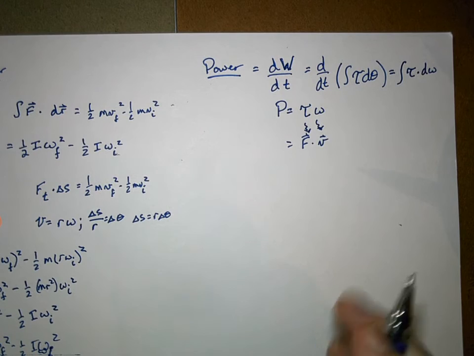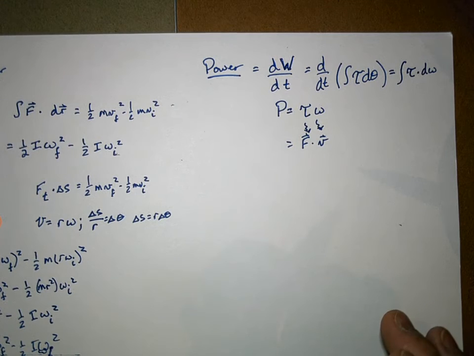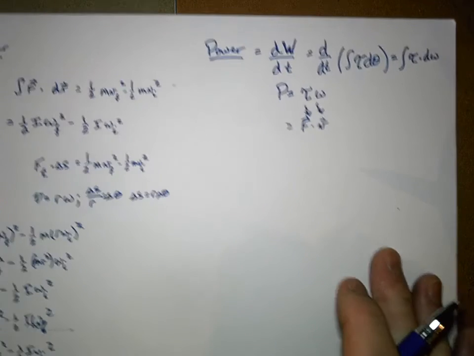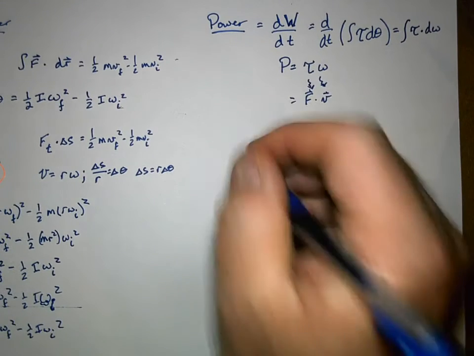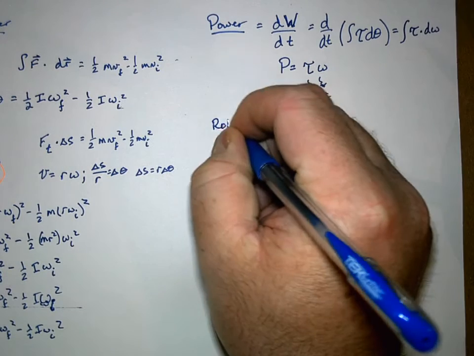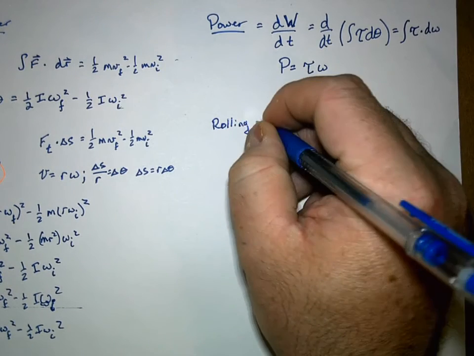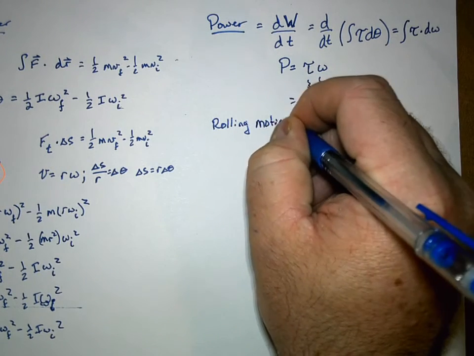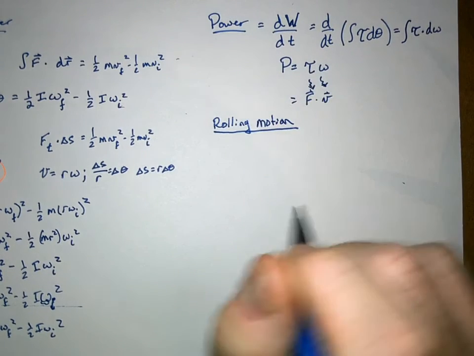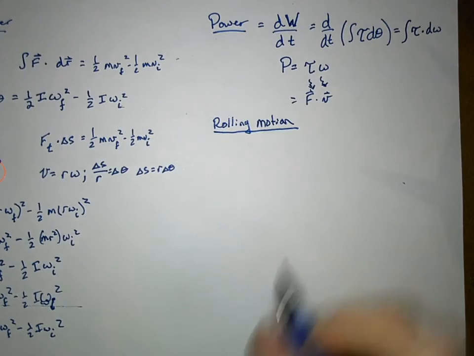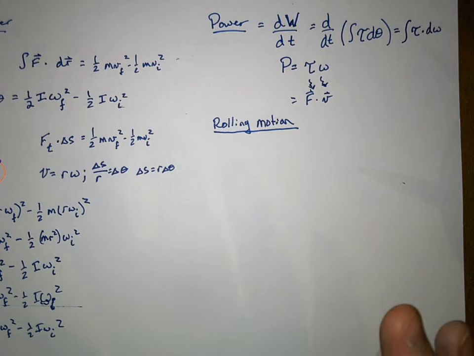Now, this does bring us to rolling motion, which you guys will see in your work. What we're going to do is assume that we have an object that has a constant moment of inertia.